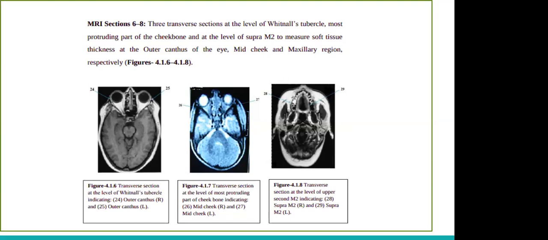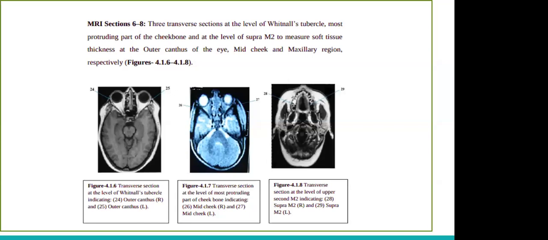Whitnall's tubercle is located inside the eye socket, somewhere around the same region. We take one measurement from there, and the outer canthus is ectocanthion, the point where our upper lid meets the lower lid. The outermost point of the eye is called the outer canthus, and we take one plane at the level of our eyes. Second, we take at the level of the cheeks, and the third level is supra M2.